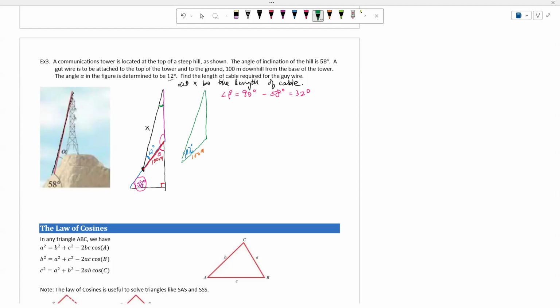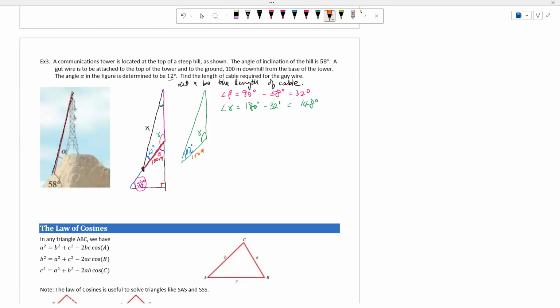Then now, maybe we name this one gamma. In this case, you will see the sum of the angles on a line is 180. So therefore, the angle gamma is 180 minus 32 degrees, which is 148 degrees.